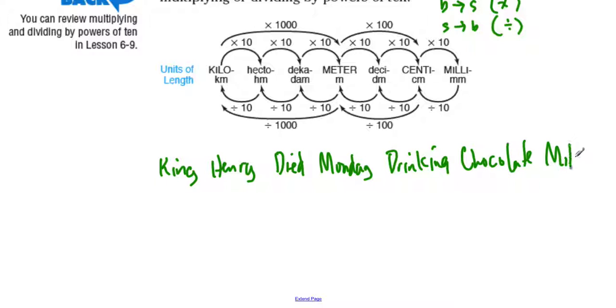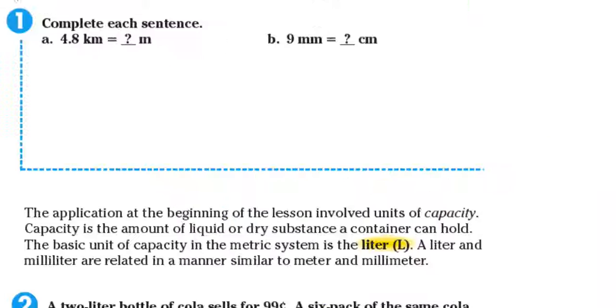This is the easiest way to remember this. So King Henry died Monday drinking chocolate milk: kilometer, hectometer, decameter, your basic unit meter, decimeter, centimeter, and millimeter. Okay? So knowing that, we go to example number 1.